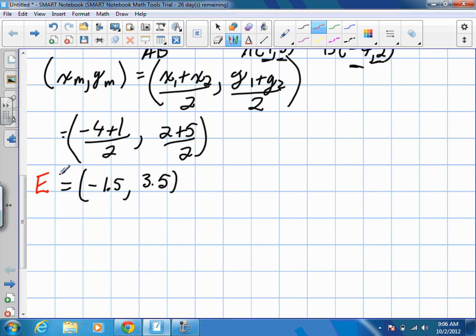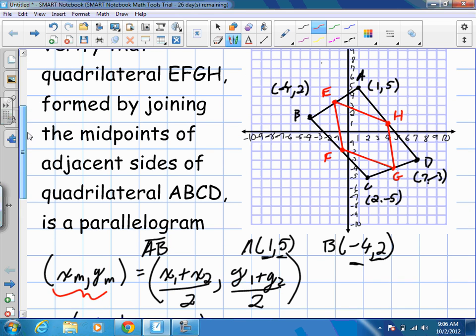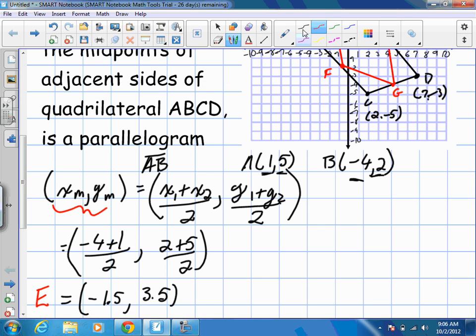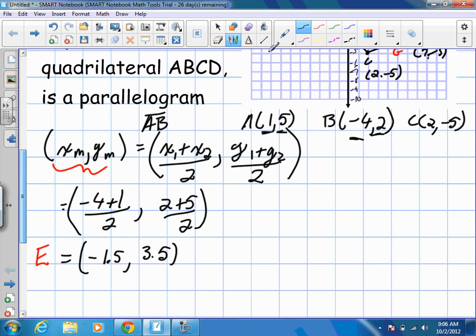Instead of writing this in, we're going to write the coordinates we're finding. The next one we're going to look for is F, and F deals with B and C. Since we have coordinate B already, let's write coordinate C, 2 and negative 5. Instead of rewriting the formula, I'm going to assume you understand that part and plug our values in. The two x values, negative 4 and 2: negative 4 plus 2, divided by 2.